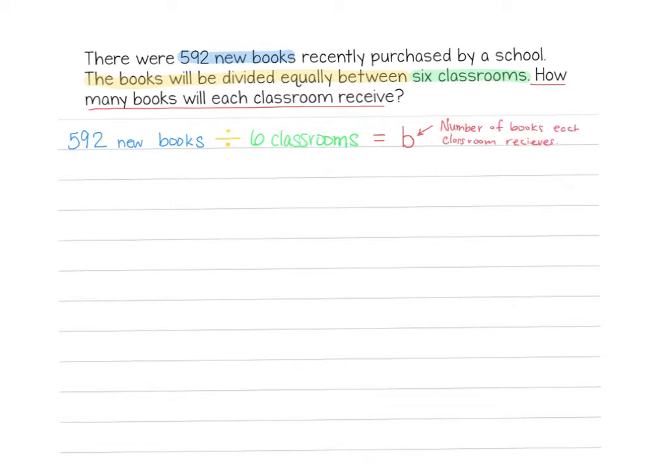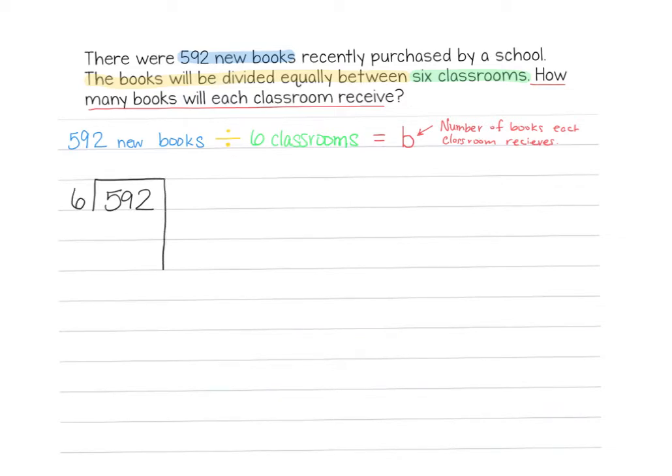So now that we have our problem, our equation, let's write this and solve. So 592 is a large number, so we're going to divide it by 6 classrooms.